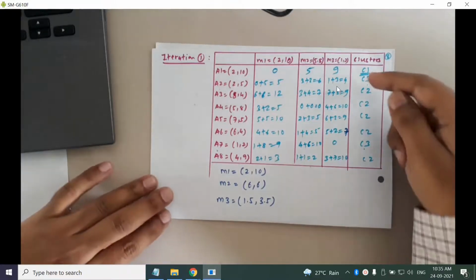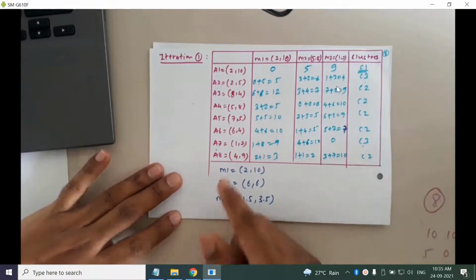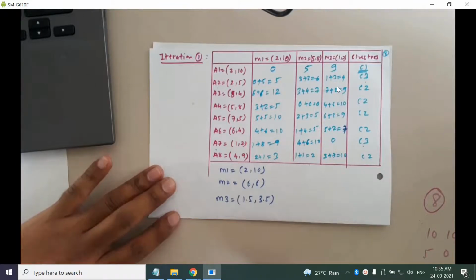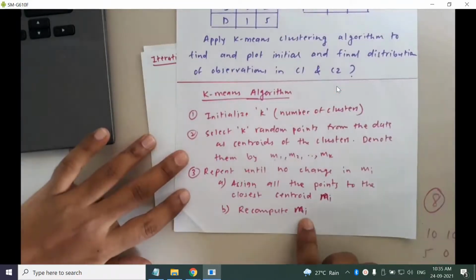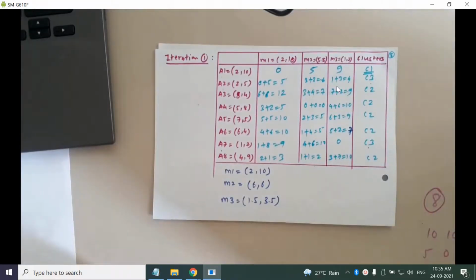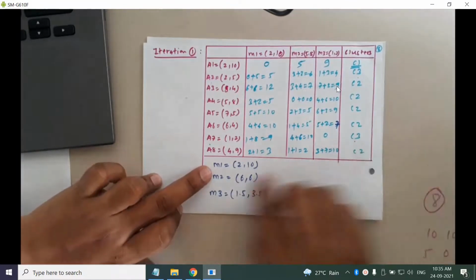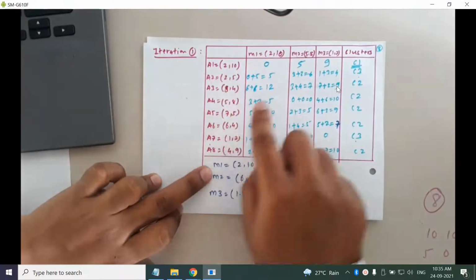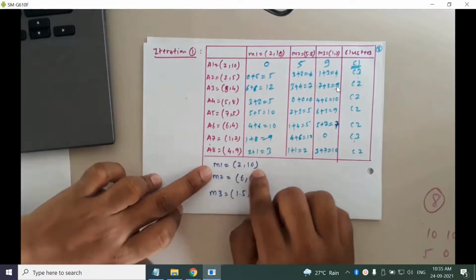Now from this cluster status you have to calculate M1, M2, M3. Our next step is to recompute Mi because grouping has changed. In cluster 1 there is one point only, so that point itself will be our centroid: 2 comma 10.